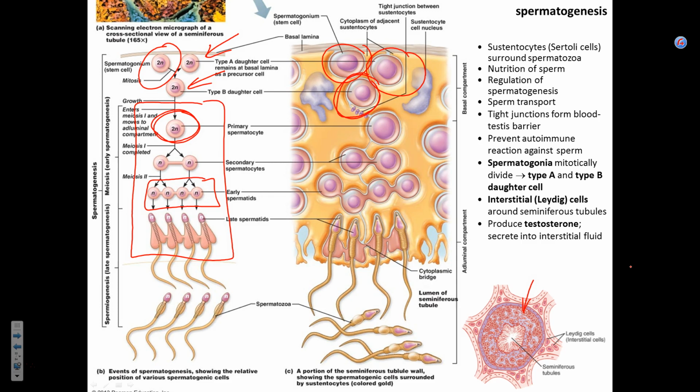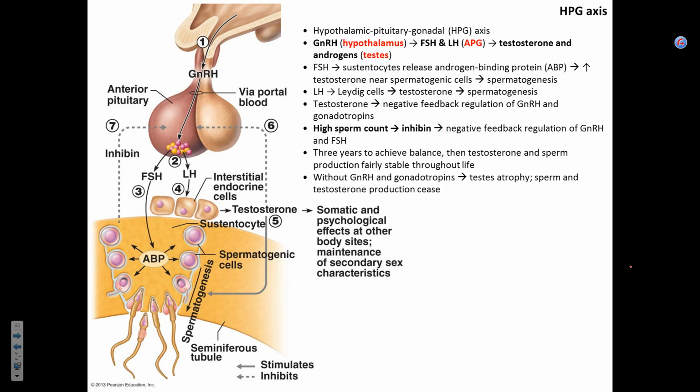Now, kind of as a segue, spermatogenesis is impossible without a hormone called testosterone, which is produced by Leydig cells, also called interstitial cells. So they produce testosterone that acts on the spermatogonia and Sertoli cells in the seminiferous tubules, facilitating spermatogenesis.